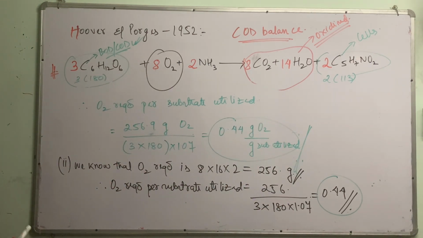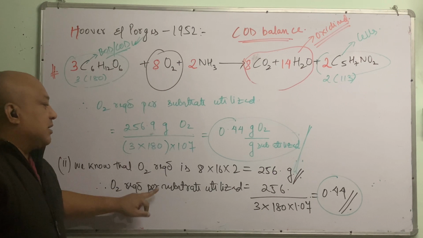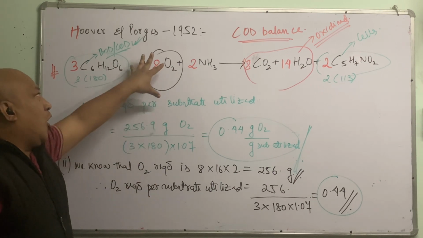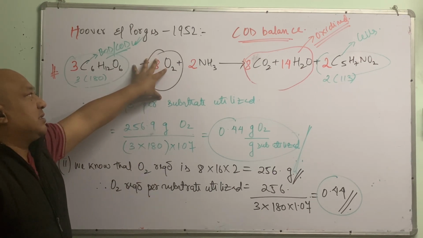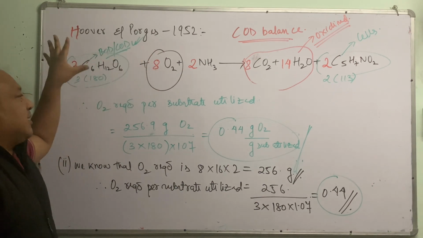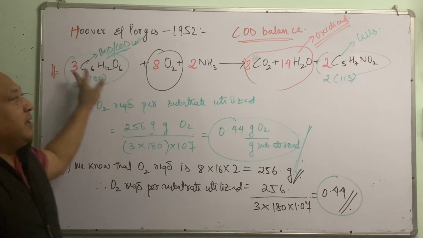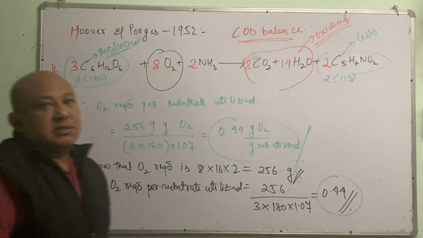So from this, what we estimate is the oxygen required. You can estimate it directly from the equation. Another way, how much COD is utilized is nothing but the substrate that is completely broken down minus the biomass cells produced.